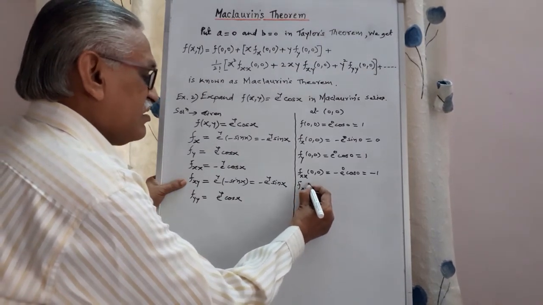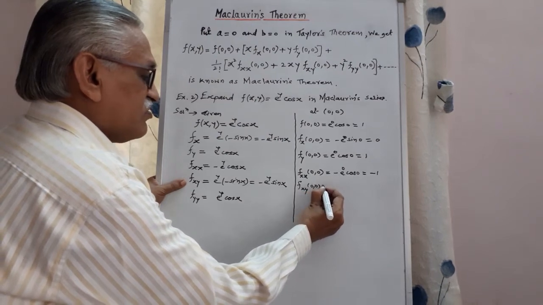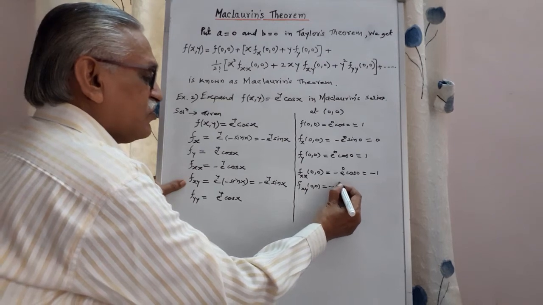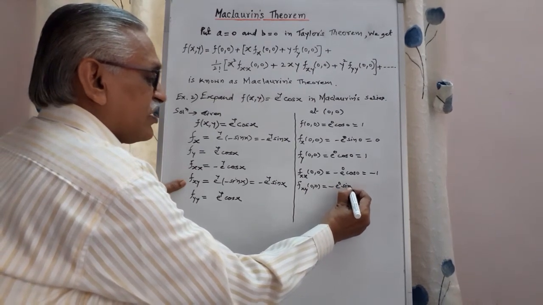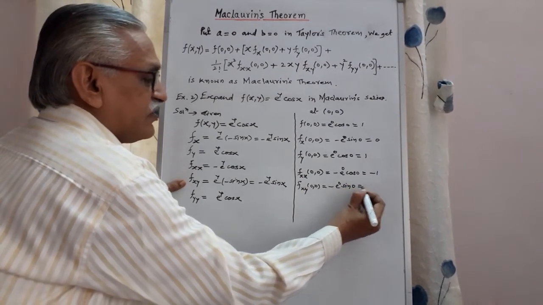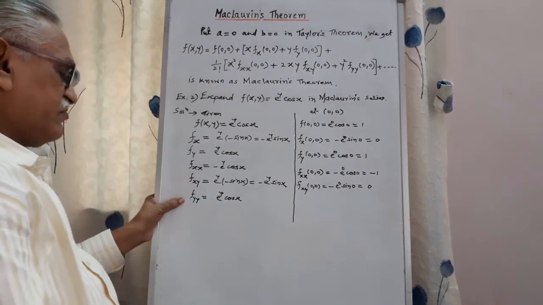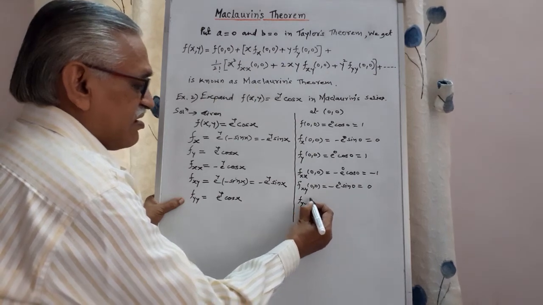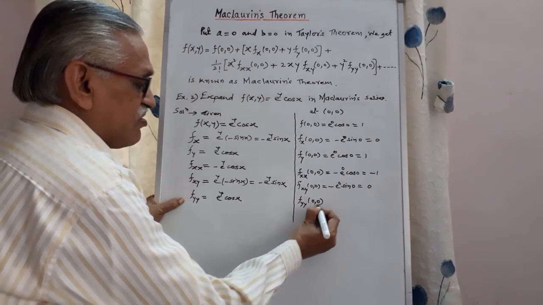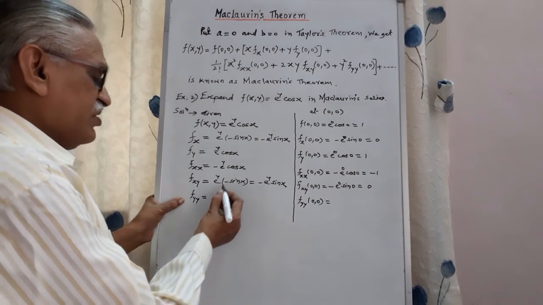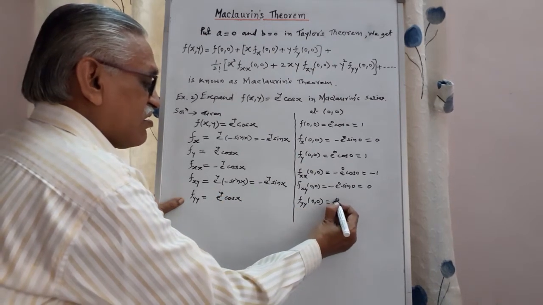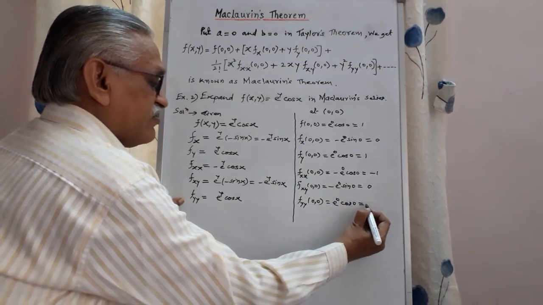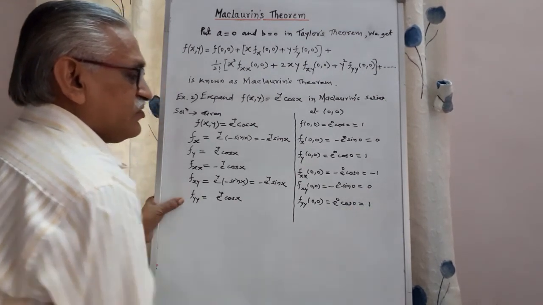Fxy at 0, 0 is minus e raised to 0 sin 0, and sin 0 is 0, therefore this term is 0. And last, fyy at 0, 0 is e raised to 0 cos 0, and 1 into 1, therefore that value is 1.